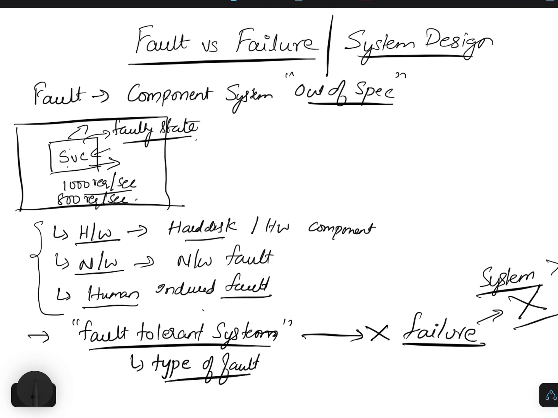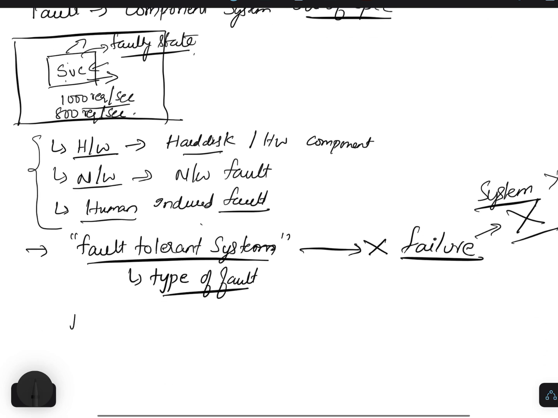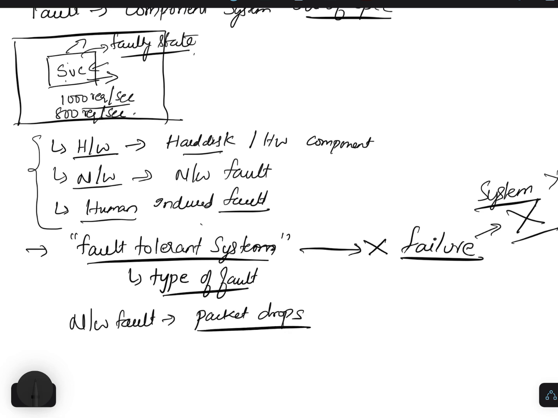For example, let's take a network fault. We are aware that during communication from one machine to another over a network channel, there can be packet drops. This is an assumption; we already know that this can happen in the future. So what can we do to tolerate this packet drop?